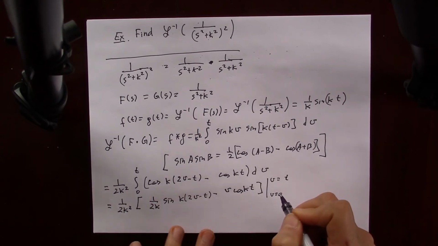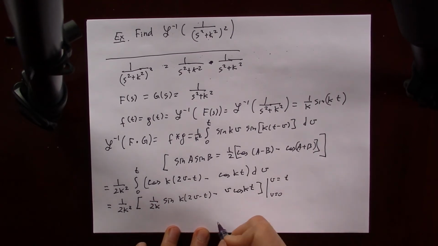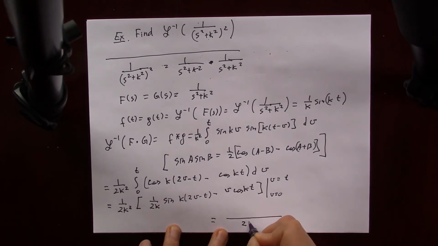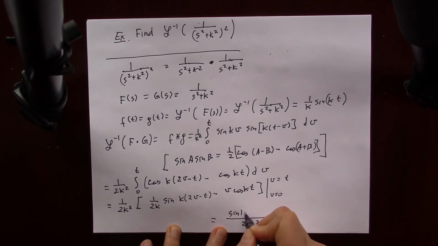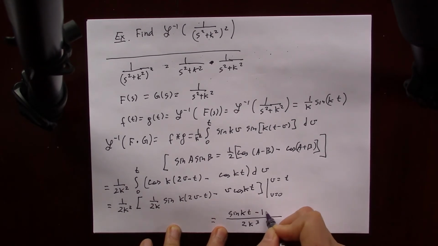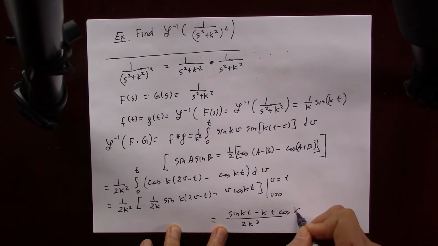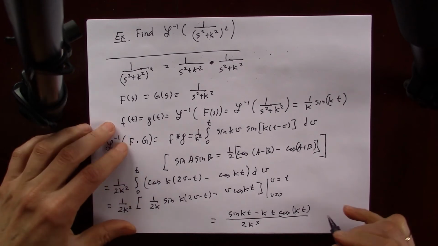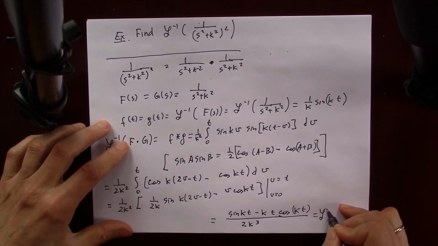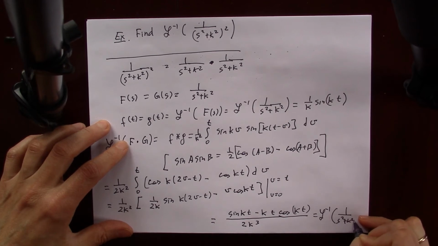So substituting the upper bound and the lower bound, we're going to get 2k cubed on the bottom and sine of kt minus kt cosine of kt. And that is going to be Laplace inverse of 1 over s squared plus k squared, squared.